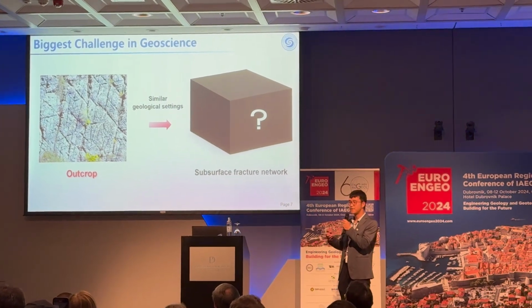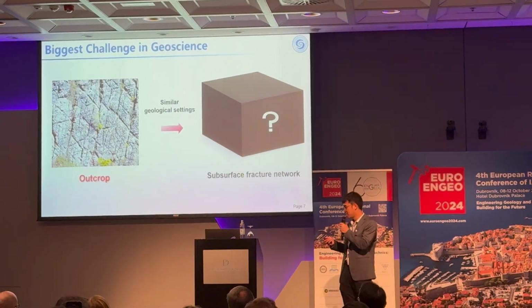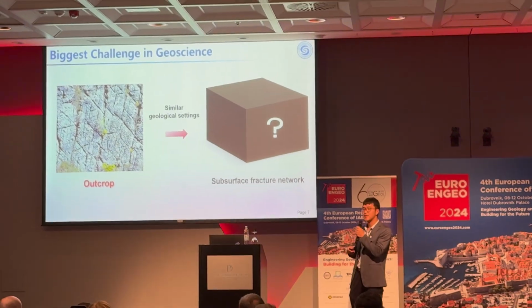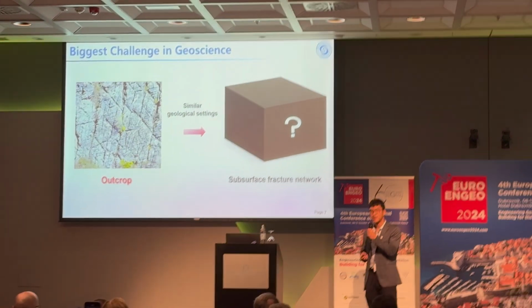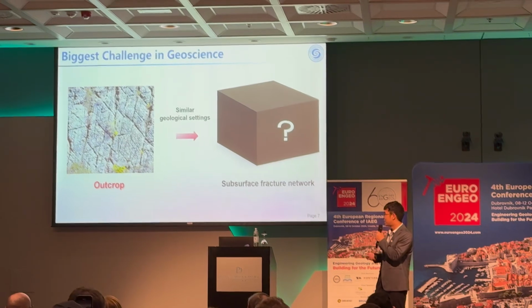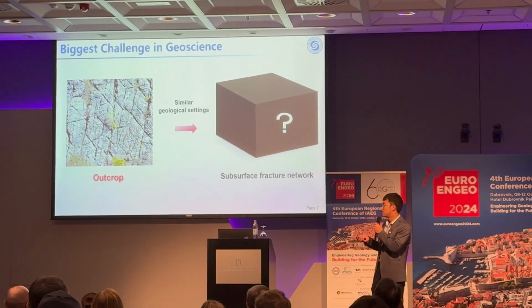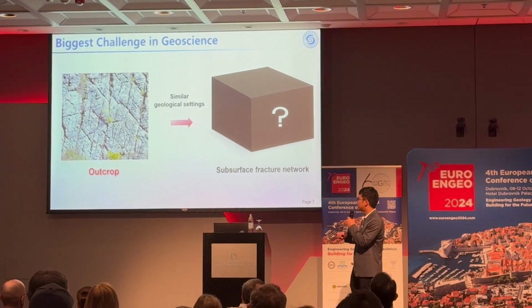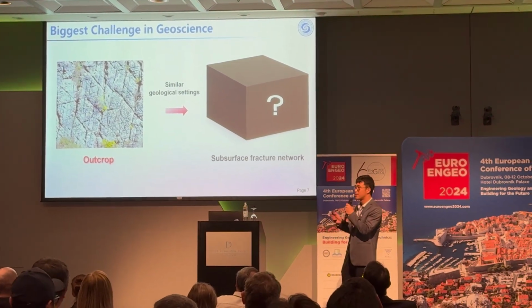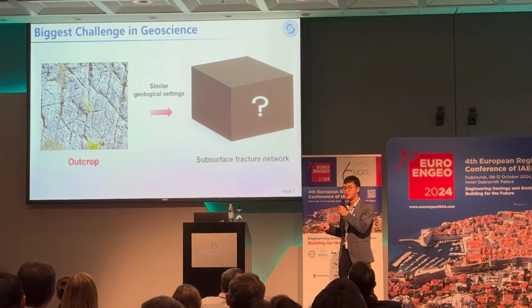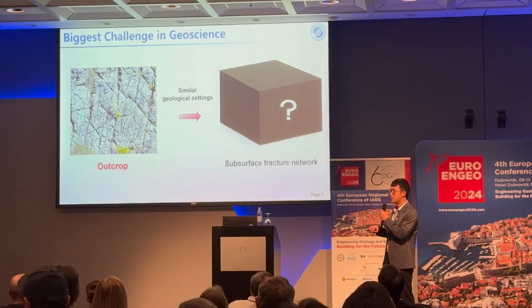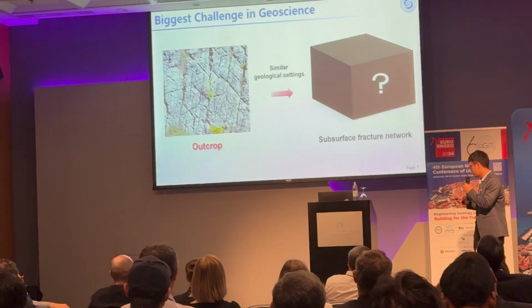It can make the surface and the subsurface totally different. But if the geological settings are similar regarding rock types or depositional environment, we can infer some information about 3D fracture networks from the 2D outcrops. We can think these two items are related to each other, only when the geological settings are similar.